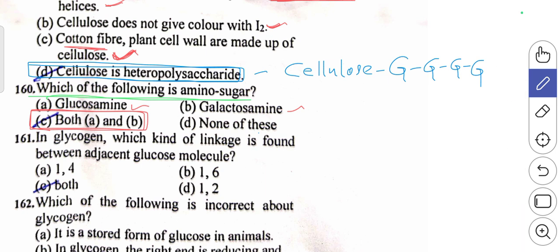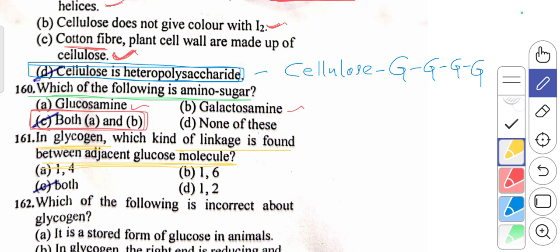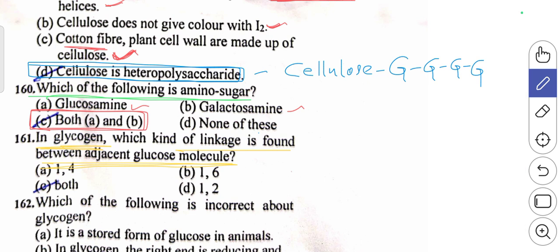So 161 question, in glycogen, which kind of linkage is found between adjacent glucose molecules? Glycogen, as we all know, is the form in which sugars are stored in animals. In this glycogen, we come across a linkage between the glucose first carbon and fourth carbon.